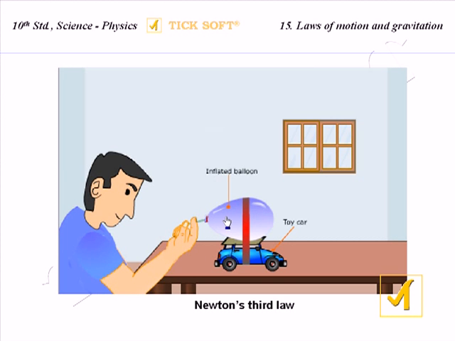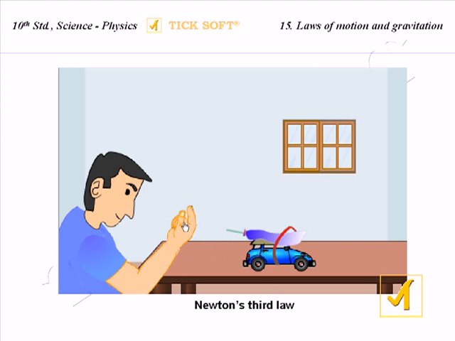Here is another experiment. A balloon with air, attached to a plastic tube, is attached to a small toy car. Here also the finger is removed from the plastic tube, the air escapes in the forward direction and the car moves in the opposite direction, the backward direction, because of Newton's third law.